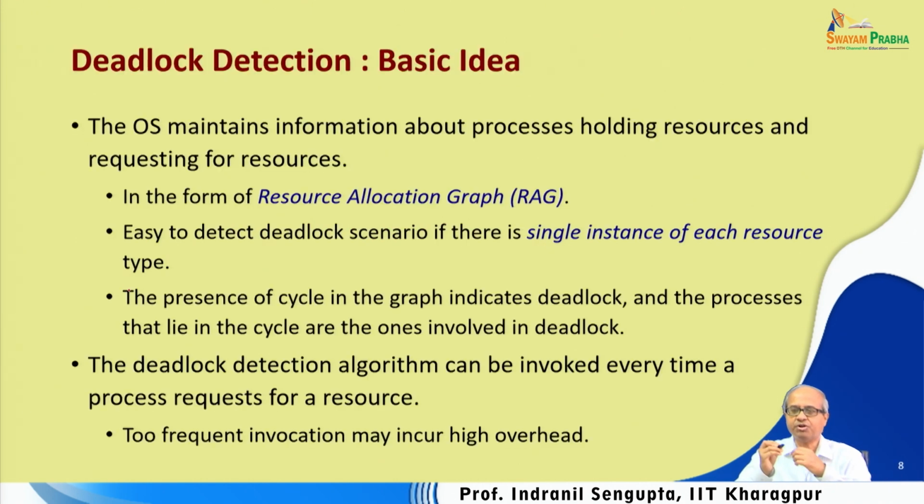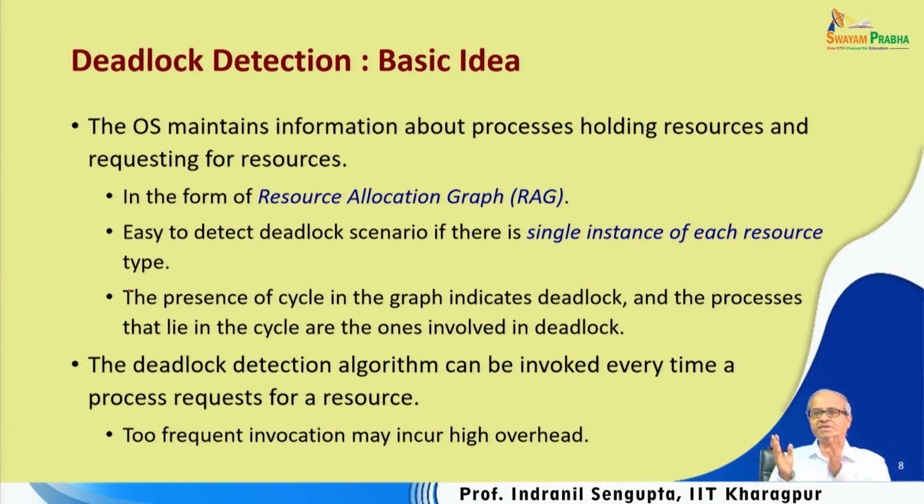First, let us talk about deadlock detection, how we can detect whether a deadlock has taken place in a system or not. As I said, the operating system has information about the total number of resources available in the system, how many processes are running, and whenever a process is requesting a resource, what are the resources that have been allocated to the process.